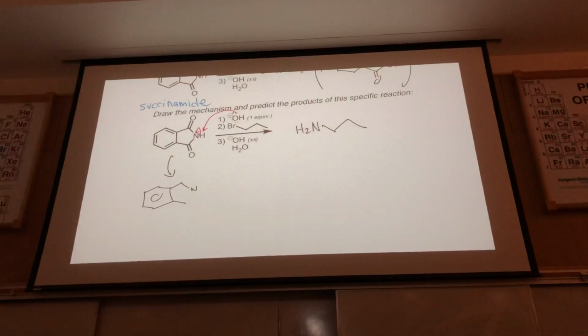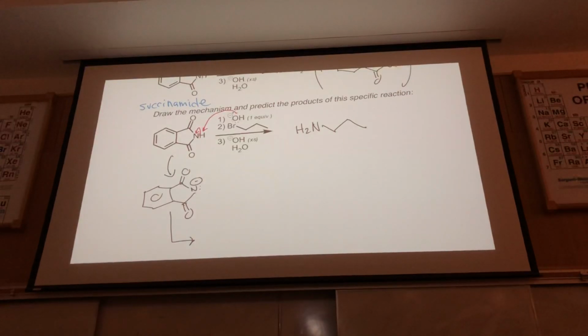So here's my nitrogen that's more nucleophilic now. Ready for step 2. It's only one equivalent, notice. That's usually specified to make sure you realize you'd want to avoid hydrolyzing the imide by attacking the carbonyl. So if you give it just enough to only deprotonate, you shouldn't have any problems.